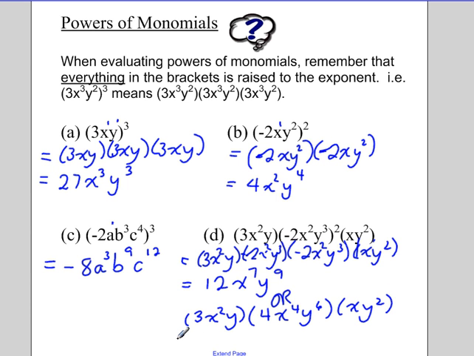And then go to your answer of 3 times 4 times 1 is 12. X squared times x to the 4 times x is x to the 7. Y times y to the 6 times y squared will be y to the 9. They both give you the same answer. They're just two different ways of showing the work.